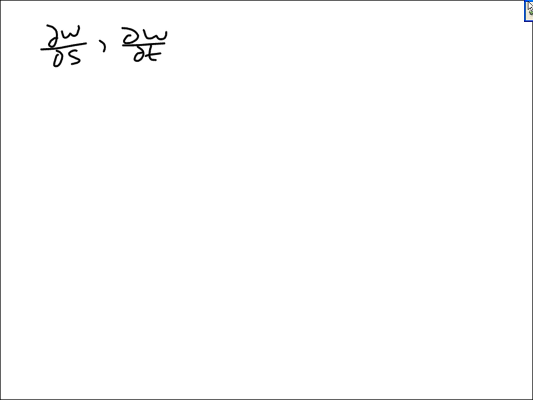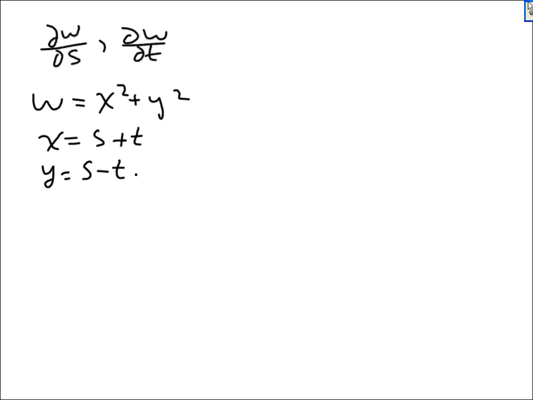You're told that w is equal to x squared plus y squared, and x is equal to s plus t, and y is equal to s minus t. So x and y are functions of s and t.